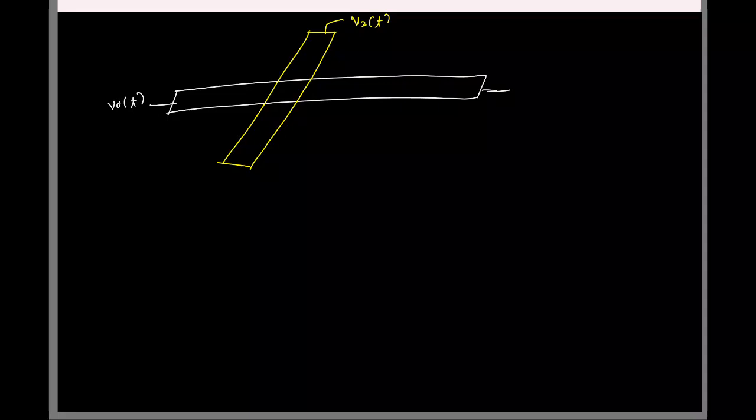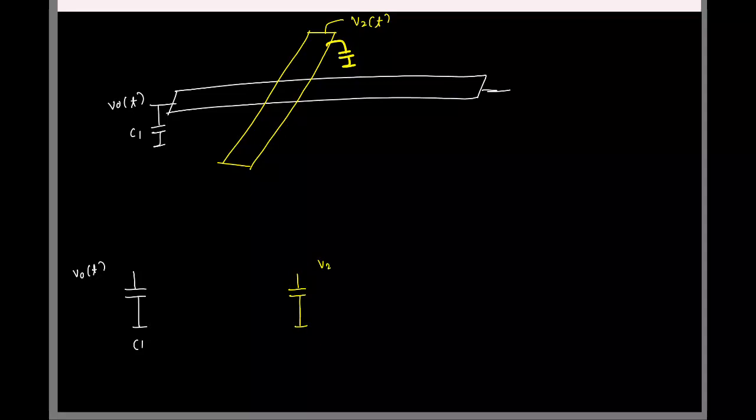Okay. Now from each of these metal lines to ground there is going to be some parasitic capacitance. Now on top of it, whenever I have two metals overlapping like this, wherever they are having this overlap, there is going to be some small capacitance. So to model that, we can model it like this. So this is our C1, where we should have had only V of t. This is say V2 of t, this C2, and in between there is going to be some overlap capacitance like this.